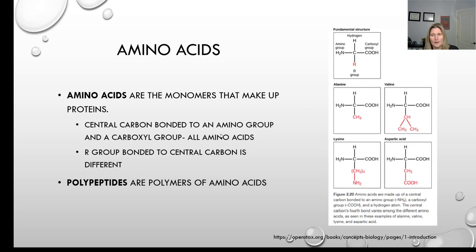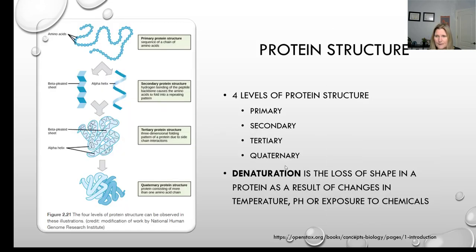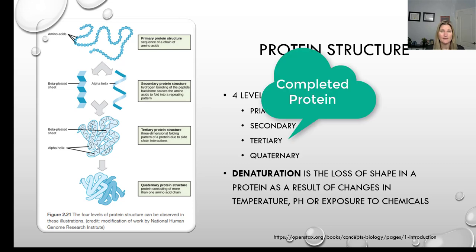Those are just examples of ways that the beta pleated sheets or the alpha helix start to fold in a way that allows for the properties of the R chains to come into balance. Now, once we've reached the tertiary structure, this could be the end. This could be a protein ready to do whatever it is designed to do.